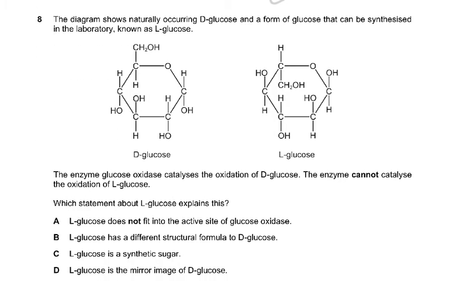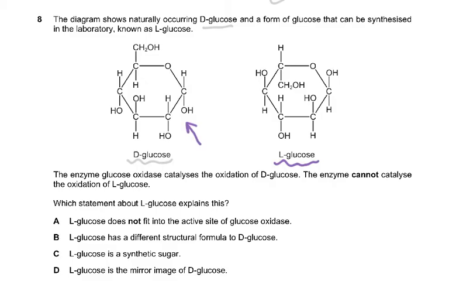Then coming to question number 8. The diagram shows naturally occurring D-glucose. So this is the D-glucose which is naturally occurring. And then we have a form of glucose that can be synthesized in the laboratory, known as L-glucose. The enzyme glucose oxidase catalyzes the oxidation of D-glucose, this one.